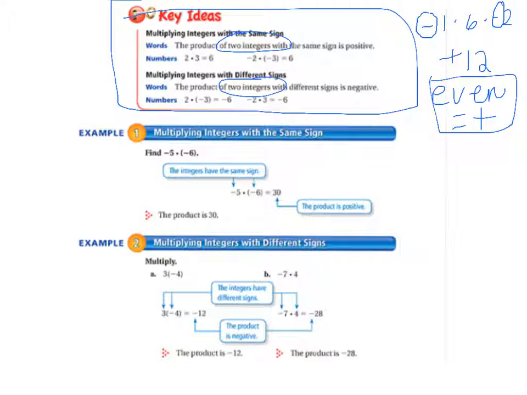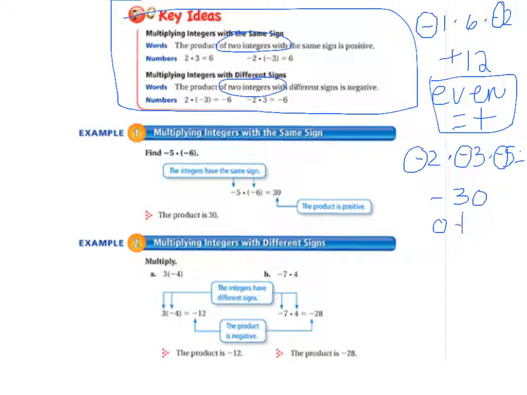So let's do an example of that. So if you had -2 times -3 times -5, that would be 2 times 3, which would be 6 times 5 is 30, and then your answer would be negative because there are 3 negative signs, and that's an odd number.